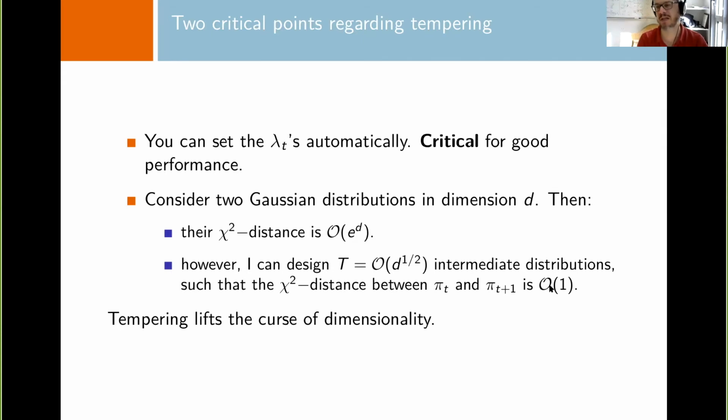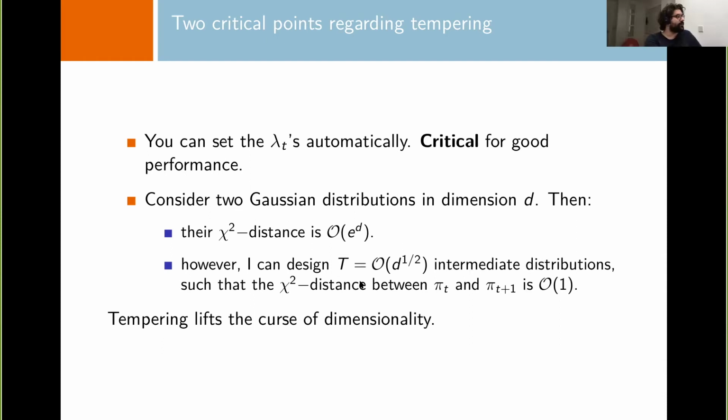In more practical terms, this means that in large dimensional spaces, when you do importance sampling, you suffer from a curse of dimensionality, yes. But if you allow me to do tempering, there might be a way around because I don't need so many intermediate distributions, so that doing importance sampling from pi 1 to pi 2, then from pi 2 to pi 3, each time the variance of the weights is going to be small. Okay, so this is very nice.